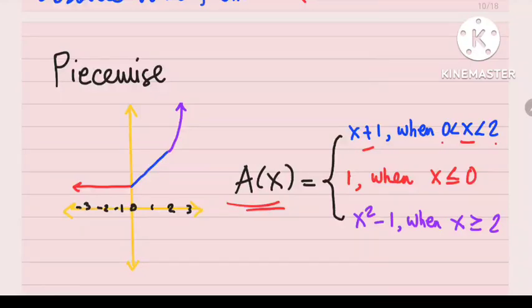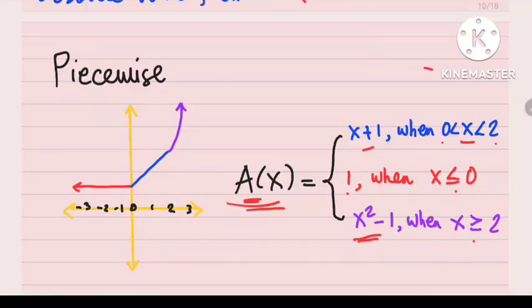But when your input is less than 0, the value will automatically be 1. But if your input is greater than 2, then you use this expression.